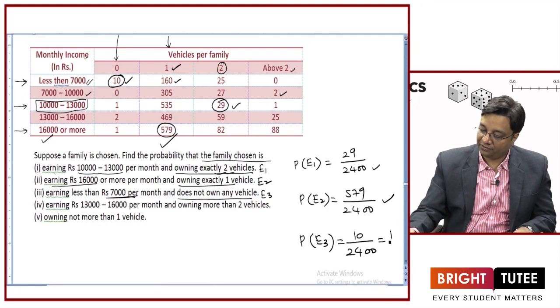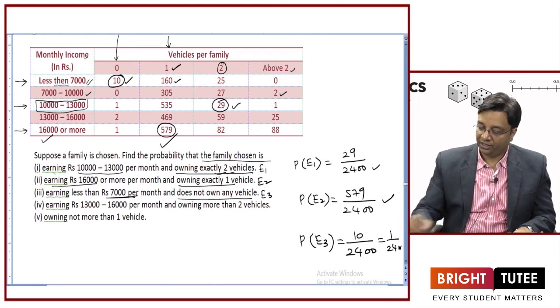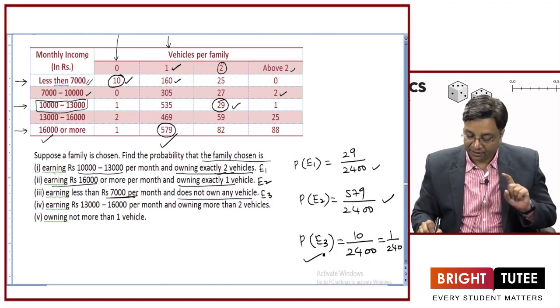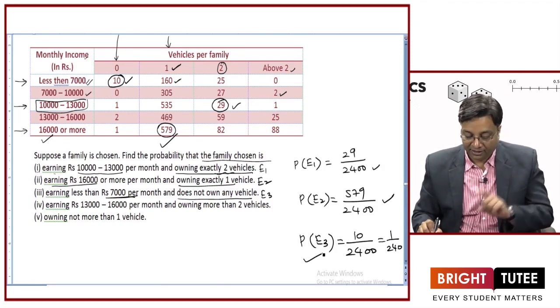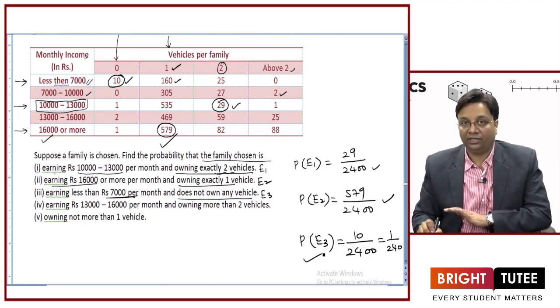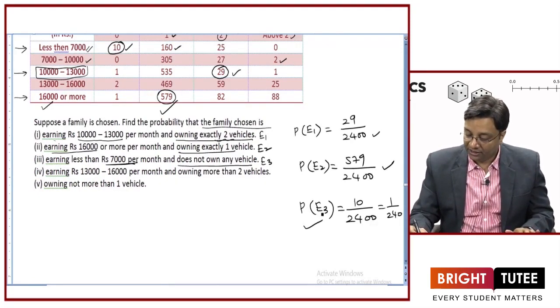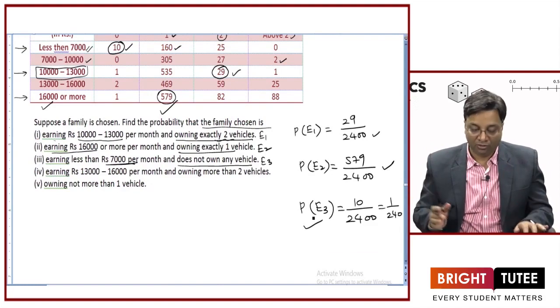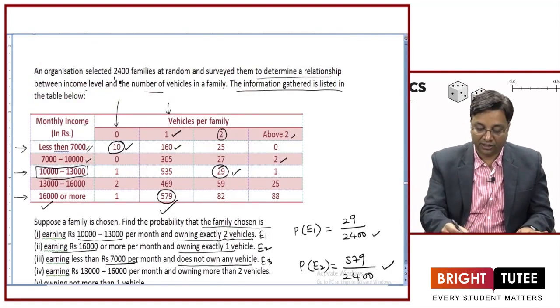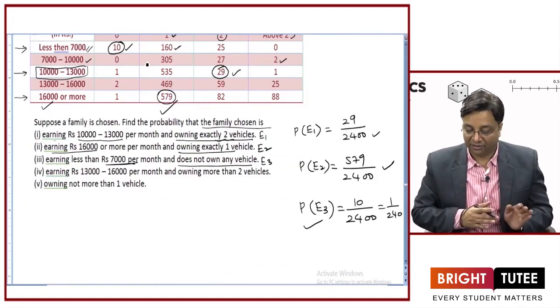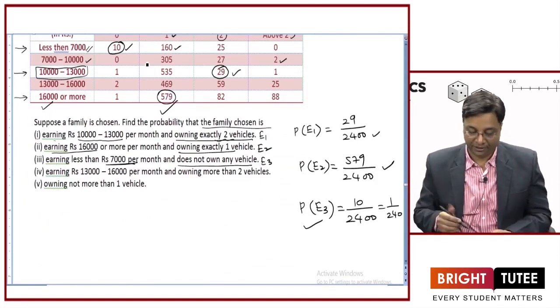So you can write it as 1 by 240, and this is your probability that the families earn less than 7,000 per month and do not own any vehicle. This is the probability that a family chosen at random out of these 2,400 families has income less than 7,000 and does not own any vehicle.